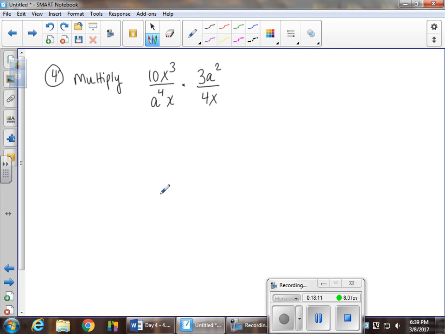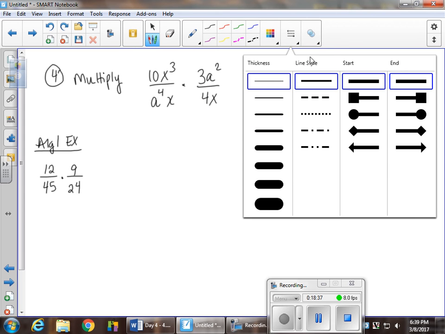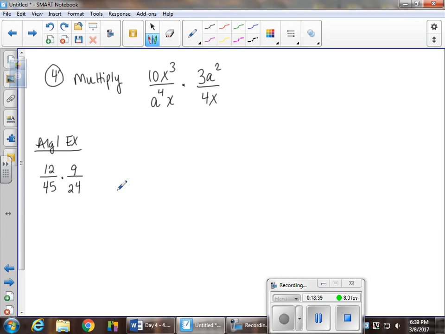Now, when we're multiplying fractions with variables, we get to simplify diagonally just like we would if there were no letters. So, an Algebra 1 example. If I asked you to multiply 12 over 45 times 9 over 24, initially you might reach for a calculator, but then hopefully you would hear my words saying, simplify diagonally.